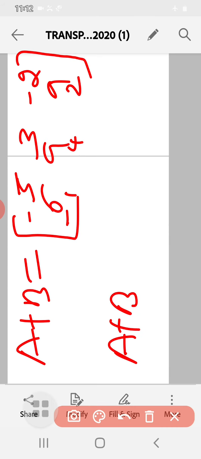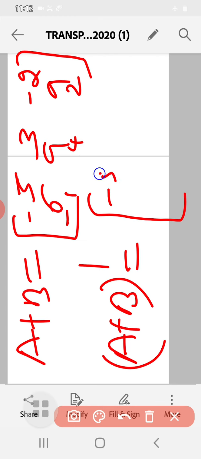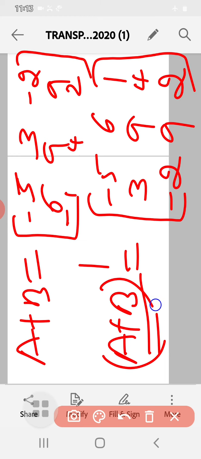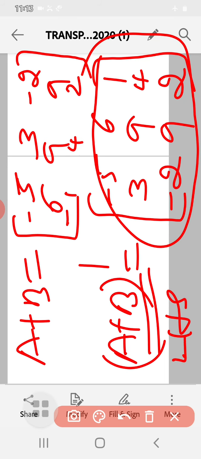See, I want the transpose A plus B whole dash. So what I have to do? So I have to interchange the rows and columns. 6, 9, 9, 1, 4, 2. So this is our LHS. So you note down this LHS, A plus B whole dash.